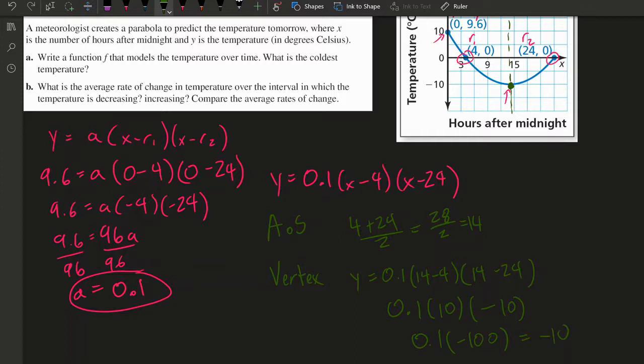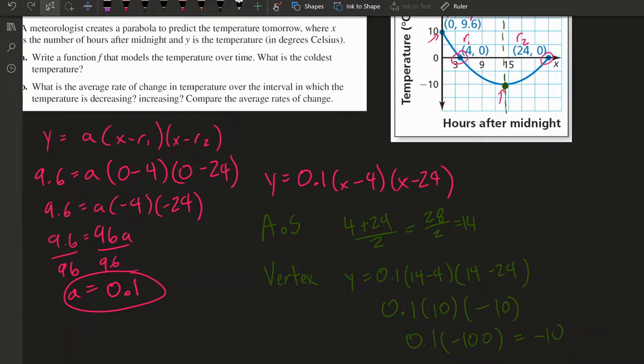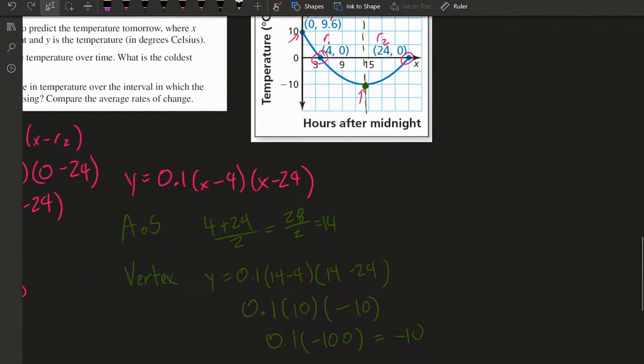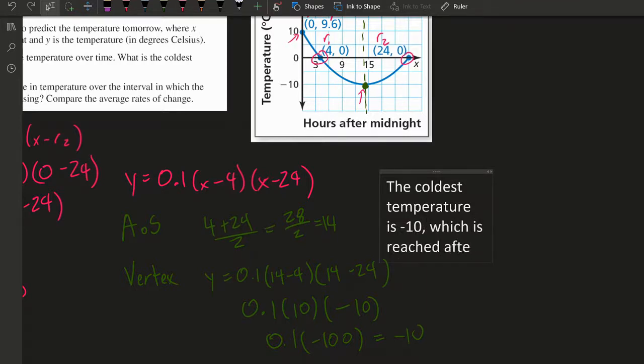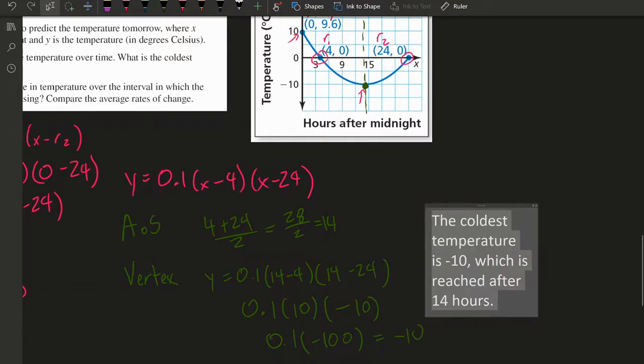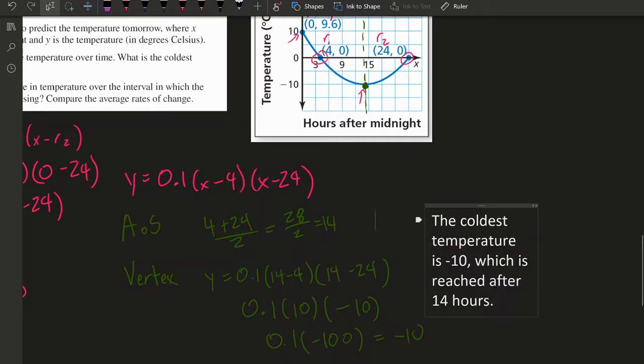So that means that the coldest temperature is at 14 hours and it's negative 10 degrees. Word problem, we answer in words. The coldest temperature is negative 10 degrees, which is reached after 14 hours. Okay, now I'm going to label that point right there. This is 14, negative 10.